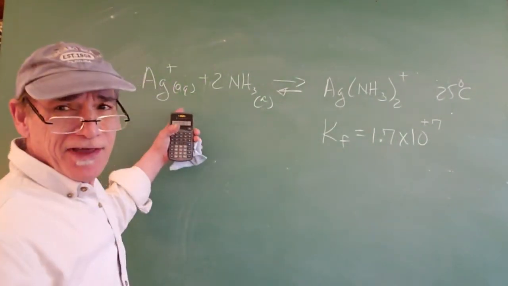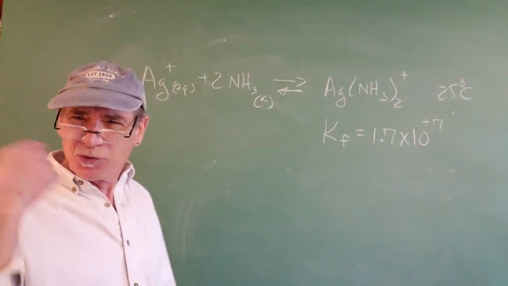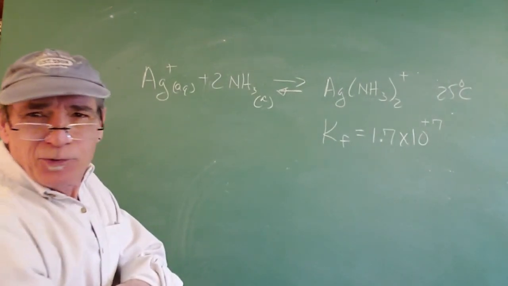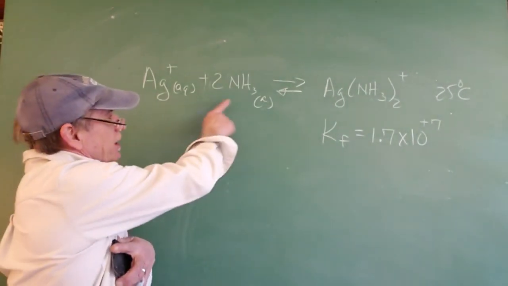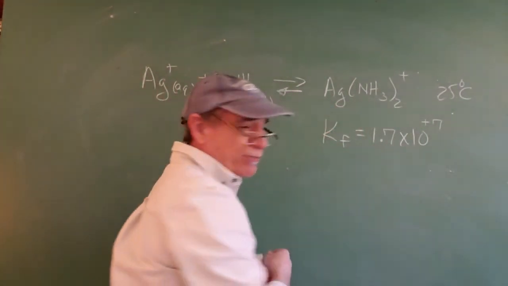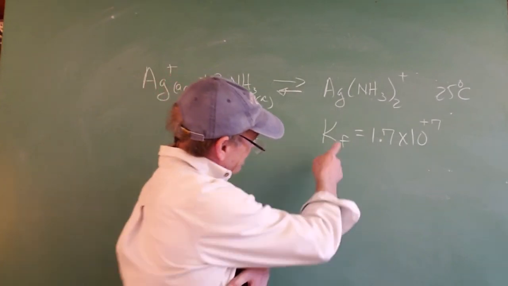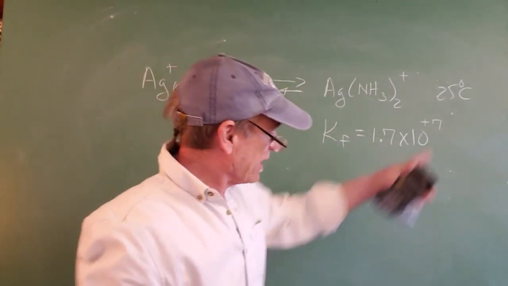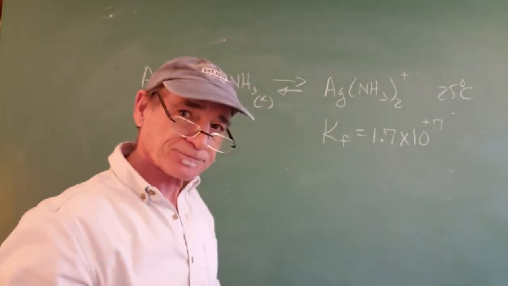If we look back at that complex ion formation we talked about right at the end of chapter 18, one of the examples I used was silver and ammonia forming a very stable complex, where two ammonias attach themselves to the silver ion. It had a formation constant of 1.7 times 10 to the positive 7th at 25 degrees centigrade.